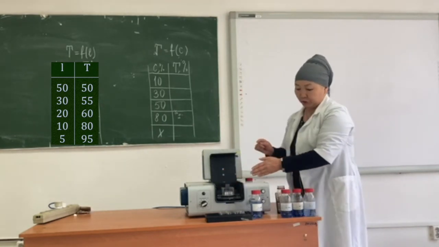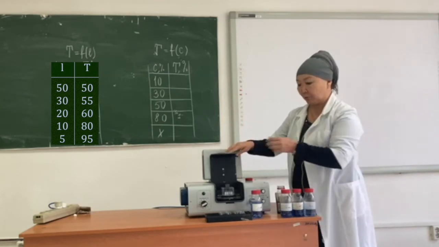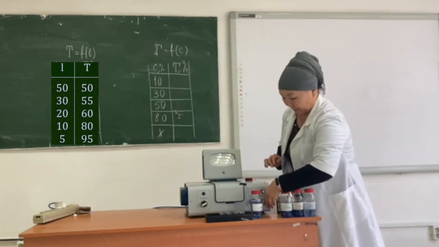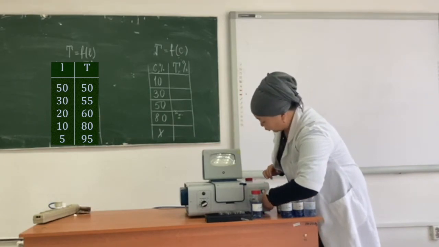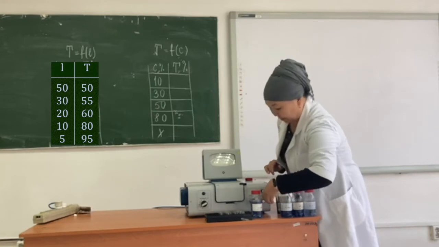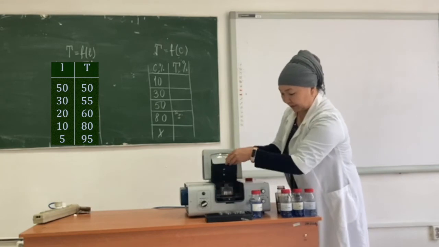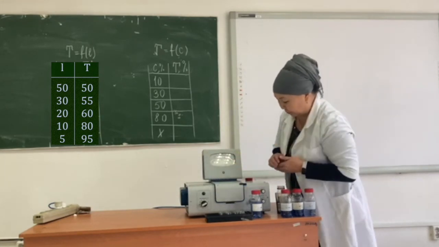We pass the light through a cuvette with clean water and set it to 100%. To determine the transmittance of a 10% liquid, we change the position of the stage and pass light through the colored solution. On the scale, we define 79%.